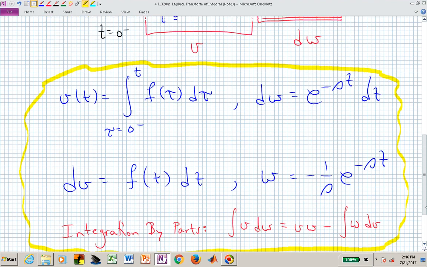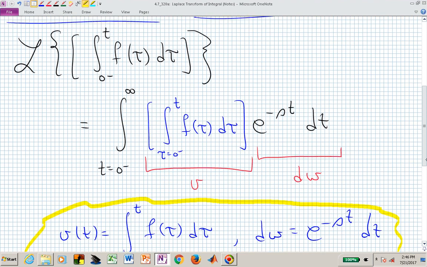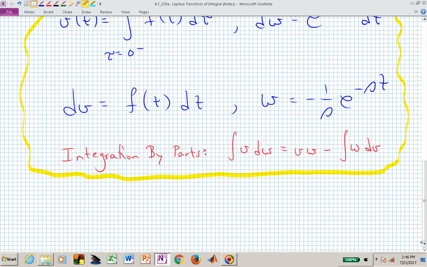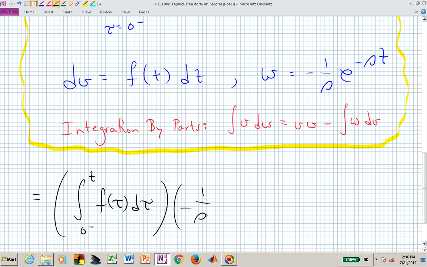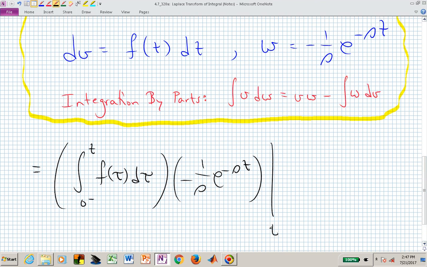If I enclose this expression, I now have the Laplace transform of an integral equal to vw, where v is the integral from 0 minus to t of f of tau d tau. w is minus 1 over s e to the minus st, and we need to evaluate that at t equals 0 minus and infinity. Here is our v, and here is our w.